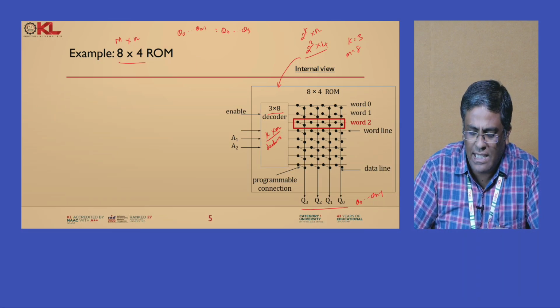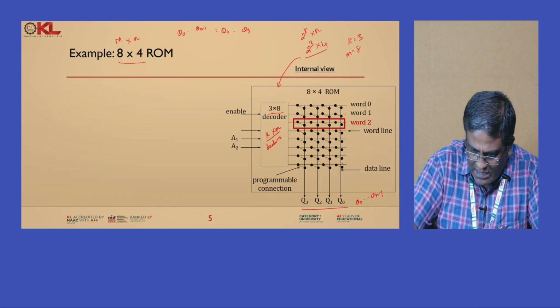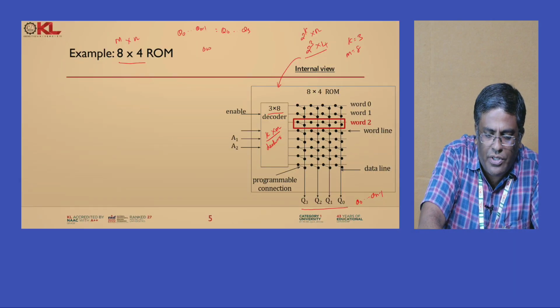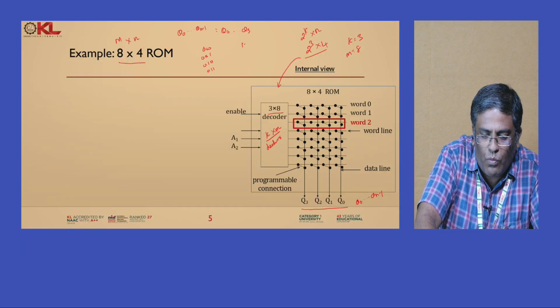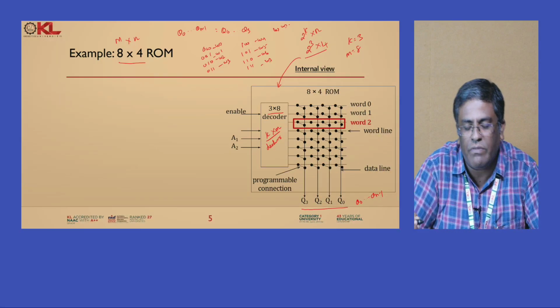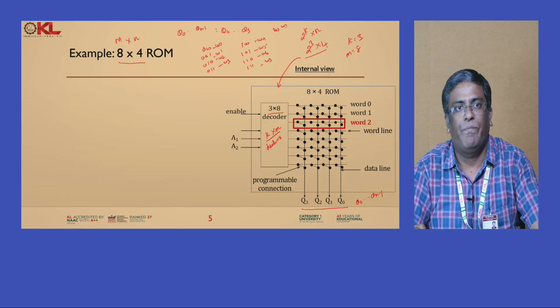And since we have the 8 cross 4 ROM, we can assume contents like 0 0 0 0, 0 0 1 0, 1 0 0 1, 1 0 0 1, 0 1 1 1, 0 1 1 1. So it can be word 0, word 1, word 2, word 3, then word 4, word 5, word 6, word 7. On the whole, we have W0 to W7 available.